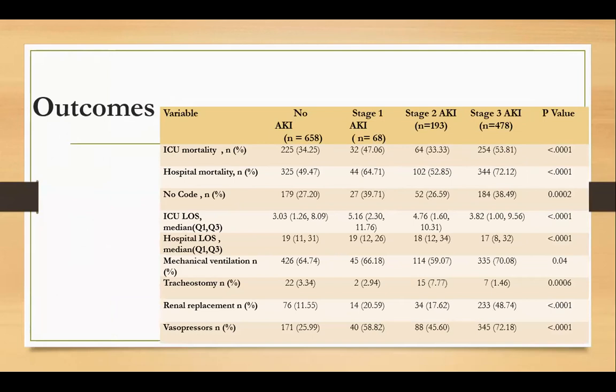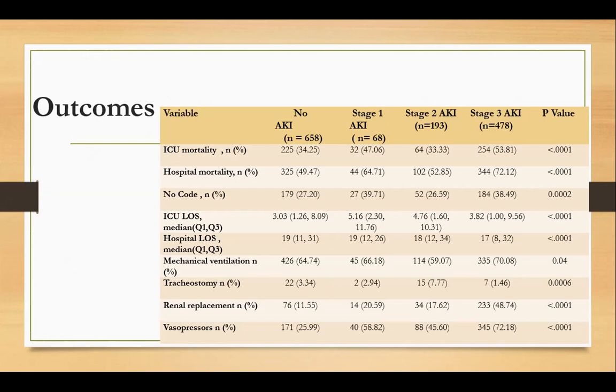For the outcomes, ICU mortality was highest in the stage 3 AKI group. It was around 53% versus 34% in the non-AKI group. Also, hospital mortality was high in the stage 3 AKI group. It was 72% versus 49% in the non-AKI group.